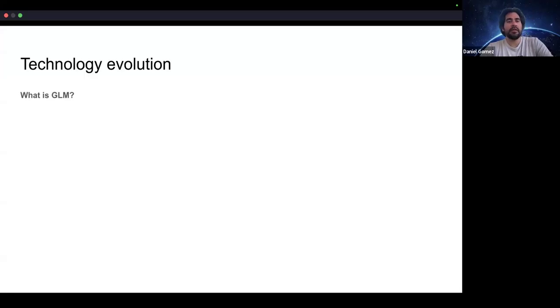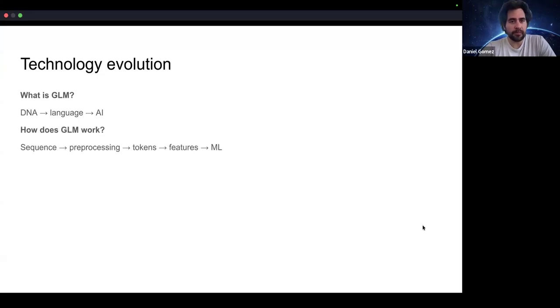So this is really a technology evolution. What is a GLM? A GLM is DNA language and AI. How does the GLM work? It takes a sequence and processes it into tokens, features, and machine learning.